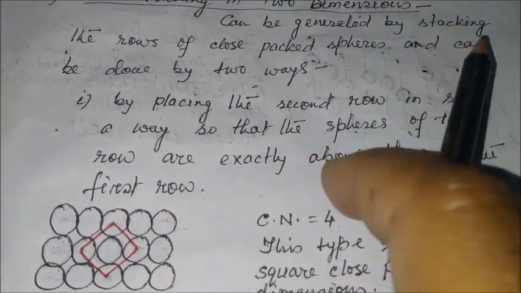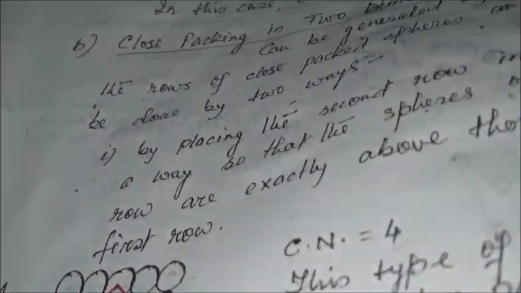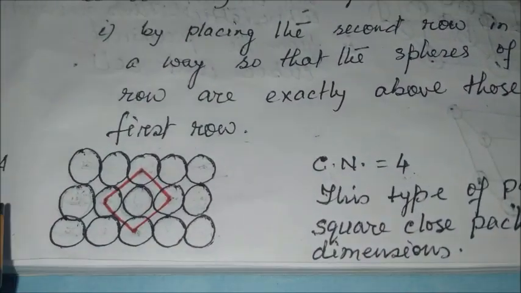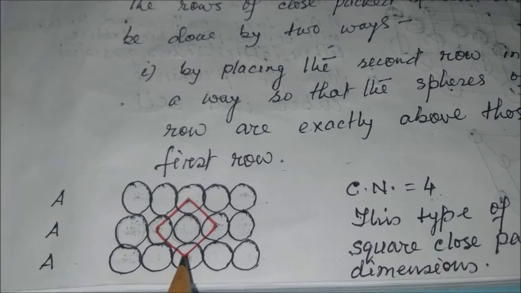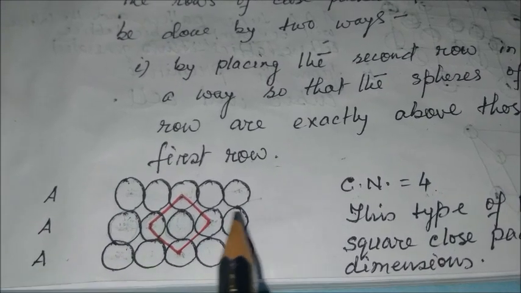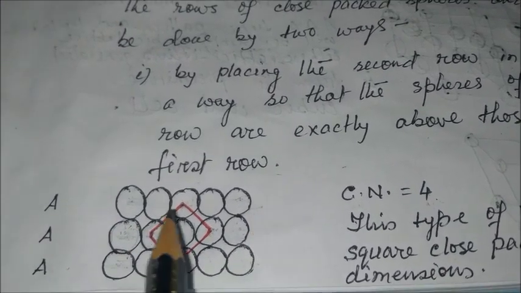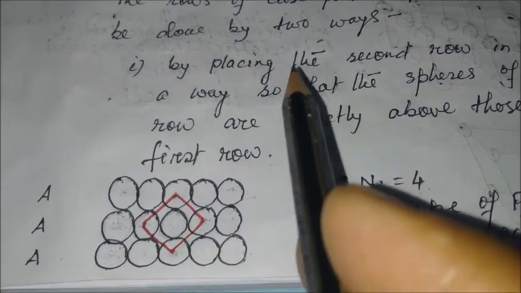You see this figure here. In this case, suppose this is the first row, this is the second row, this one is the third row, a number of rows may be there.